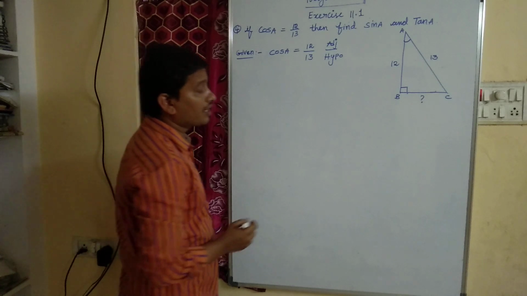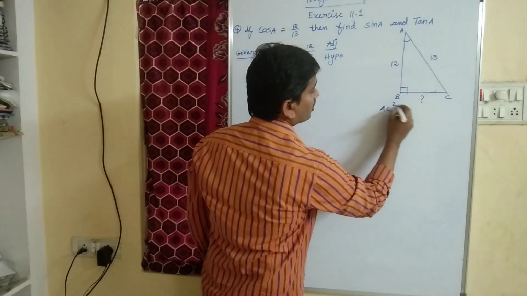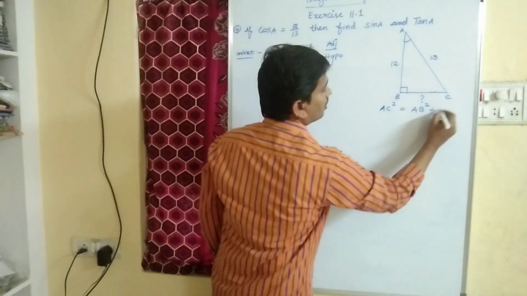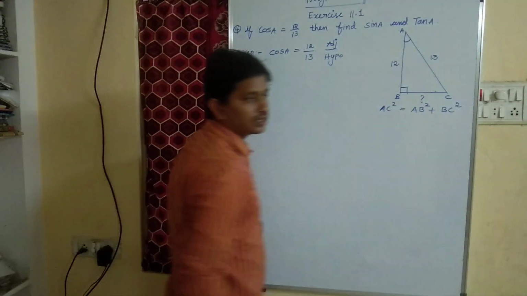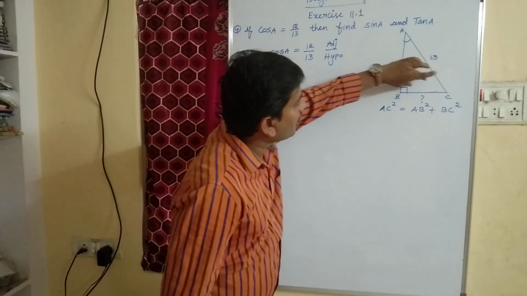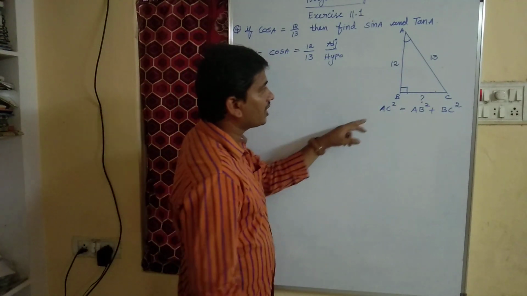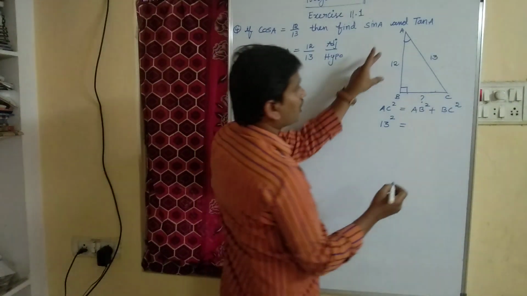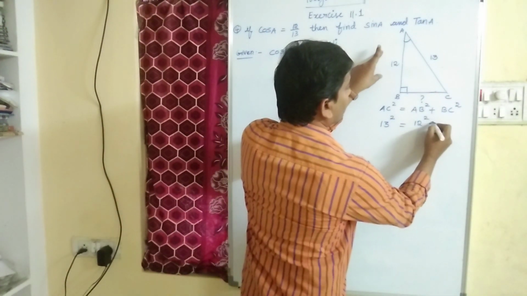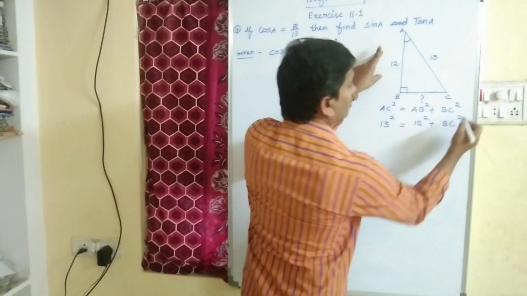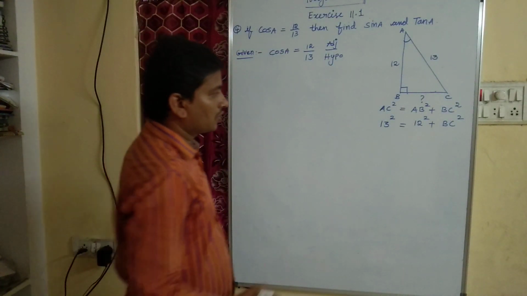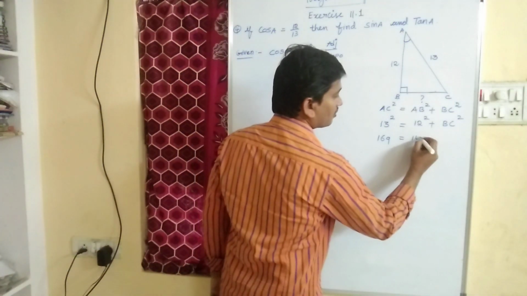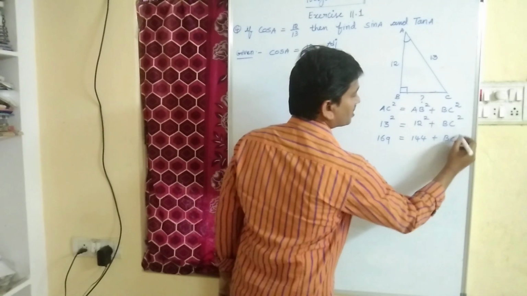According to the Pythagoras theorem, the square of the hypotenuse is equal to the sum of the squares of the other two sides. The other two sides are AB and BC. The length of AC is 13 units. 13 squared equals AB, which is 12 squared, plus BC squared, whose length we don't know. So 13 squared is 169, equals 12 squared, which is 144, plus BC squared.